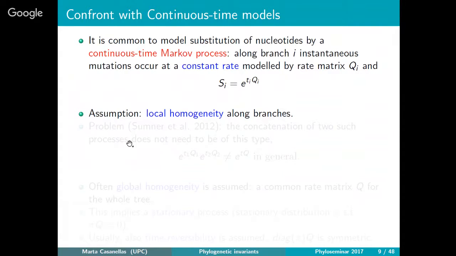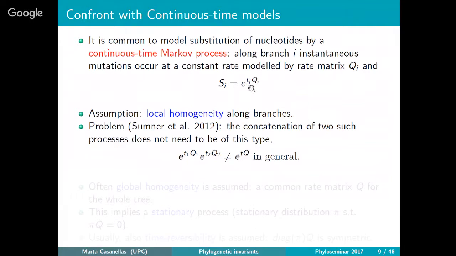These type of models have one problem: if you want to use different rate matrices on different branches, and you want to concatenate two of these processes, so I have one process and then it's followed by another process, then the product of these two matrices is not of this type in general. So the concatenation of two processes of this type doesn't have to be a continuous time Markov process.